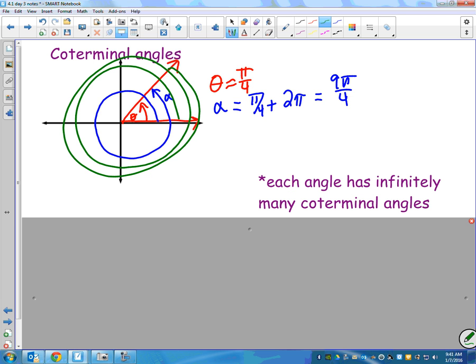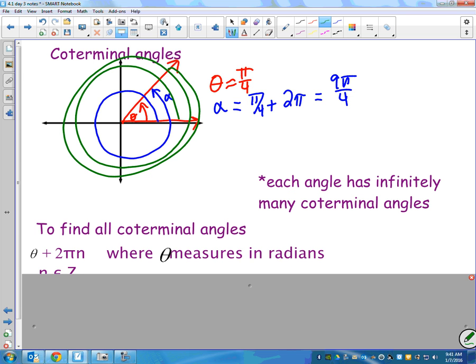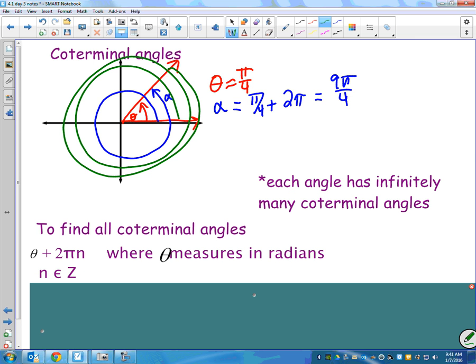That is right. So we can write out that if you want to find all coterminal angles, right? You couldn't list them all because they go on forever, but we could write it very mathematically. All you have to do is take your angle and add any multiple of 2 pi.